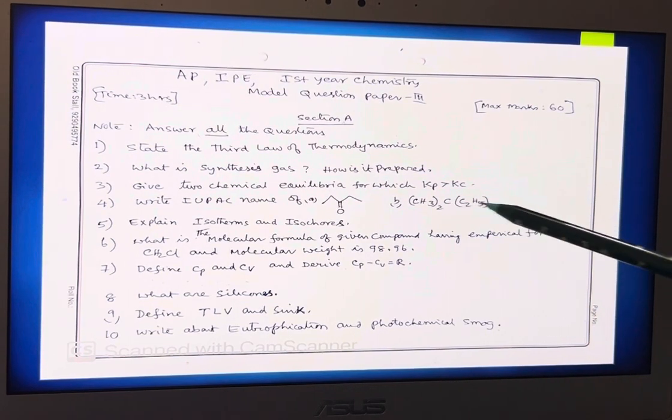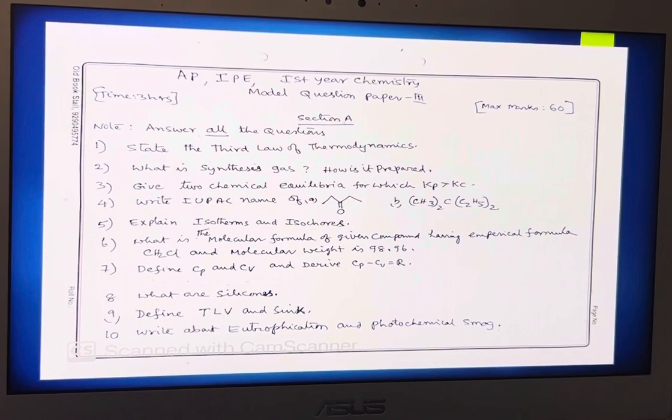So, you have to elaborate it. The longest chain you have to pick up, and accordingly write the substituents. The numbering is given in alphabetical order. From the ethyl side you have to give the numbering. In that way you have to write the IUPAC names of these.